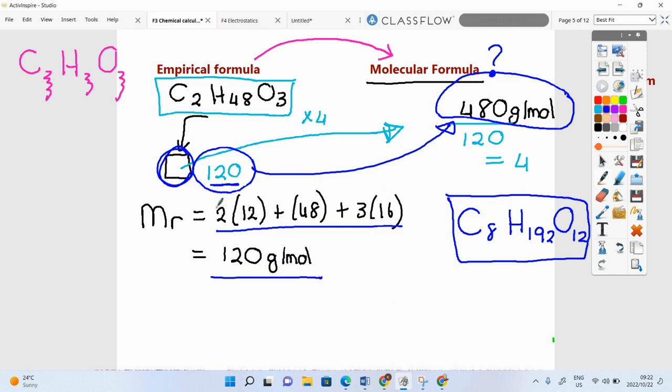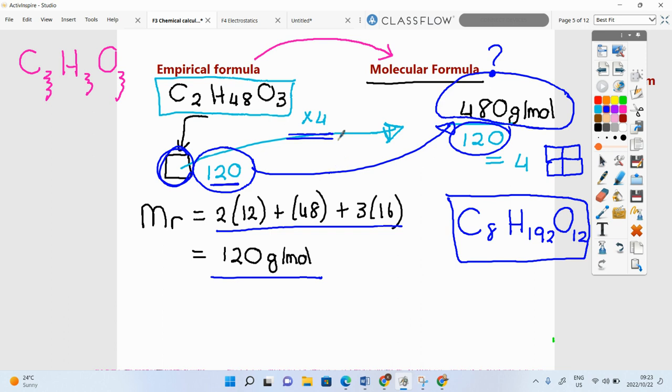Now the question comes back at you and they say, but this molecule doesn't weigh 120, it weighs 480. So then you have to see how many of these little blocks fit into 480. So you have to say, okay, one block is 120. So that means in each molecule, I'm going to have 4 of them making up my molecule. So that means I'm going to have 4 of these, 4 of these, and 4 of these. So you have to multiply the whole thing by 4.